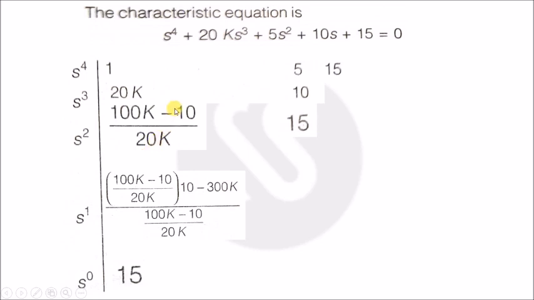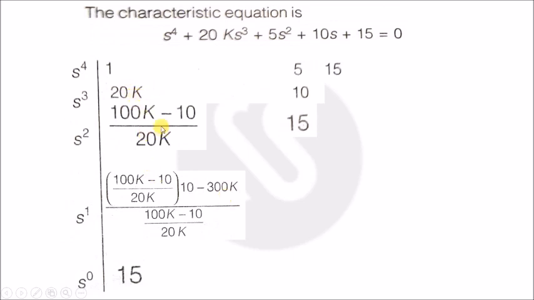Okay, so in this regard, if we take 20k as positive, that means 20k should be greater than 0, or greater than or equal to 0. In that case, k should be greater than 0. Clear? So k should be greater than 0 in this case.